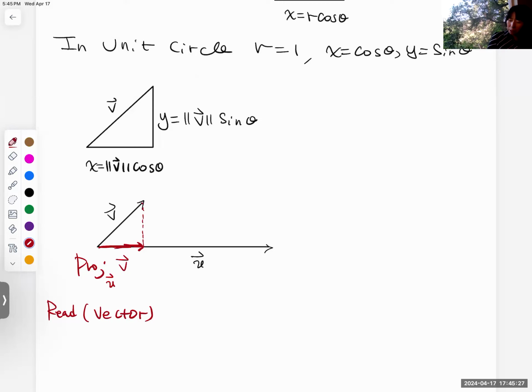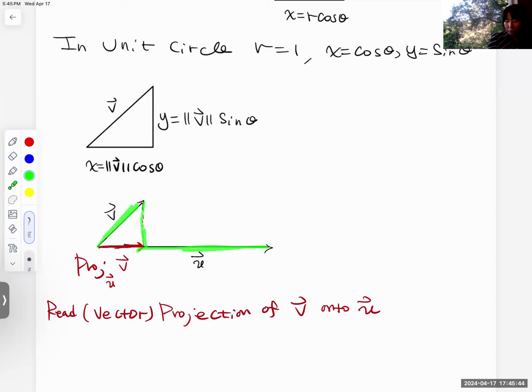So vector projection of V onto U, because we project vector V onto U here. So we read it this way. I'm sorry, V onto U. All right.